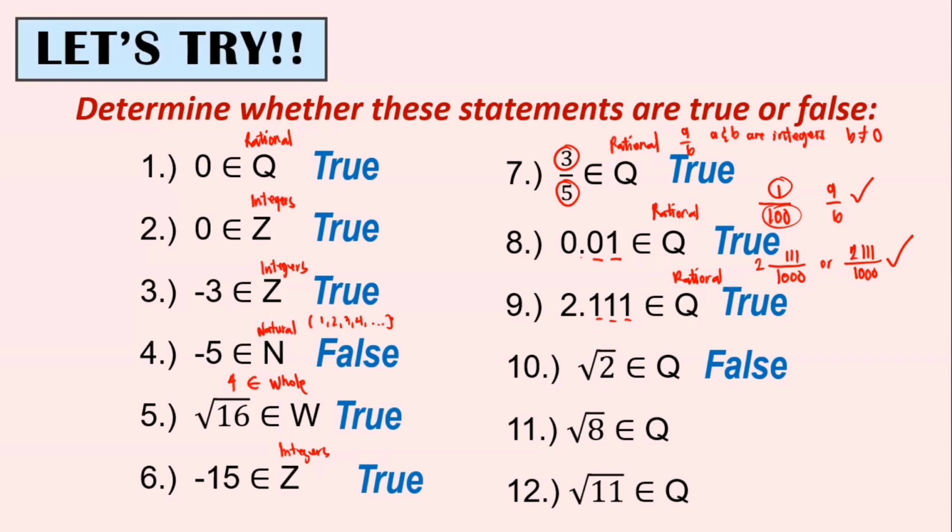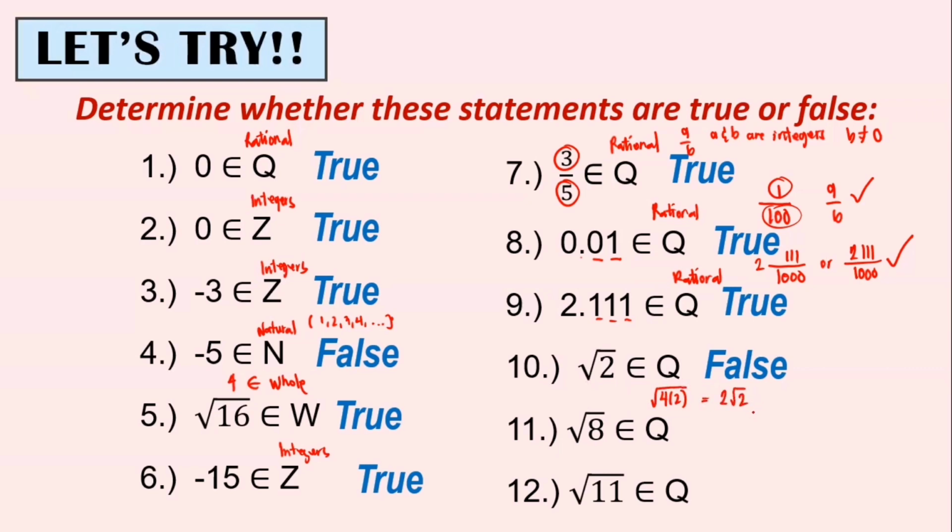Next, 11, square root of 8 is an element of Q or rational. So kung isosolve man natin yan, we have square root of 4 and then square root of 2, di ba? Pagsamahin natin, pwede naman siyang gawing square root of 4 times 2, wherein 4 is perfect, which is 2. How about square root of 2? It is not perfect.